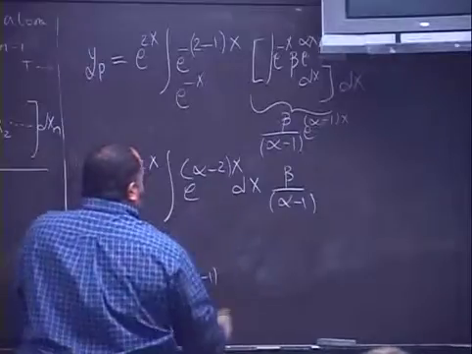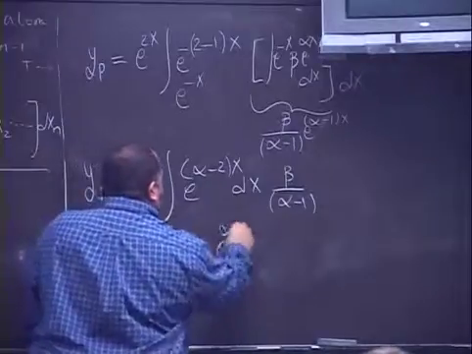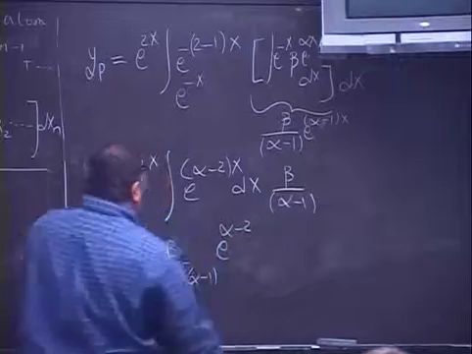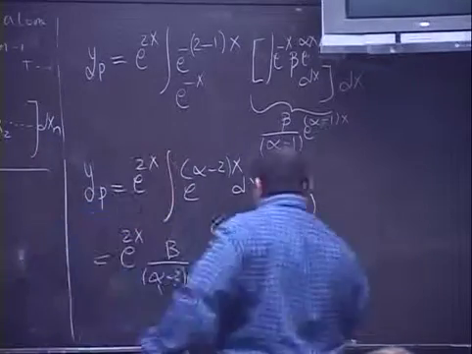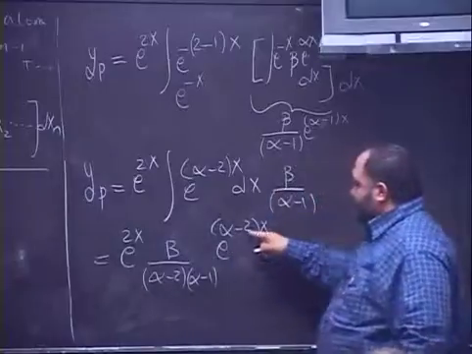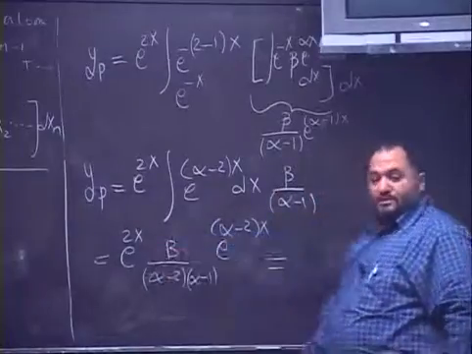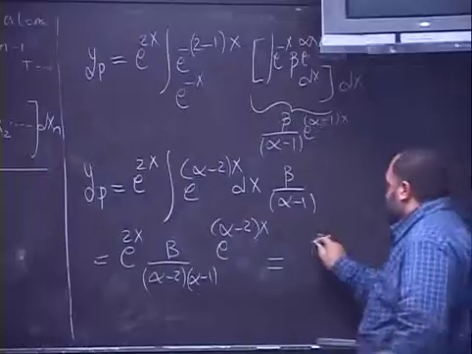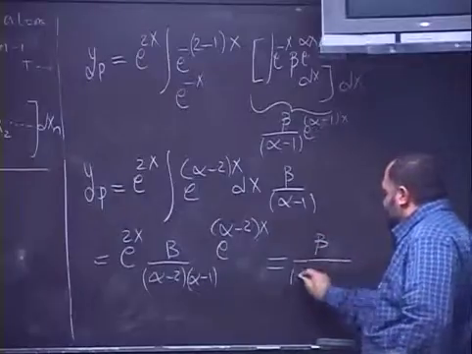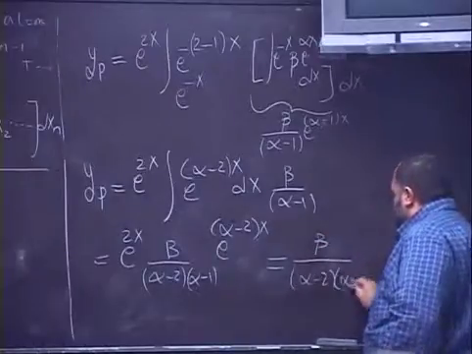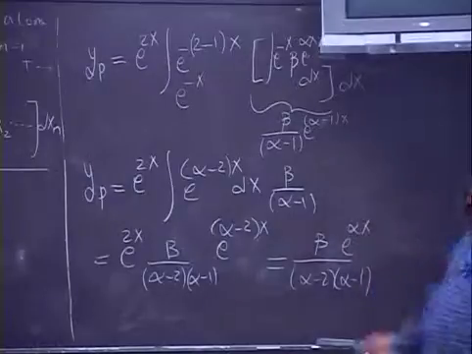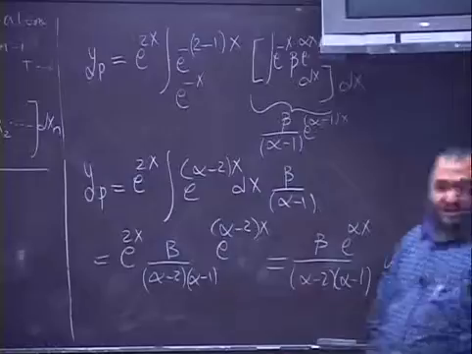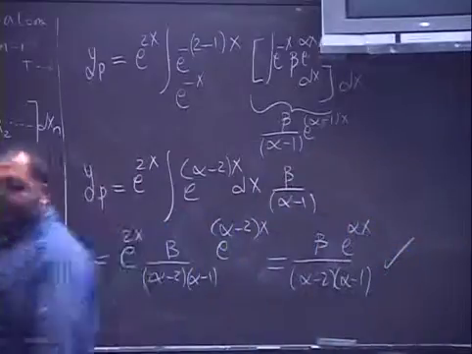And what's the integration for this? e to the power of alpha minus 2 x. So alpha x minus 2x plus 2x. So this will give you beta over alpha minus 2 alpha minus 1, which is the same solution as the undetermined coefficient.